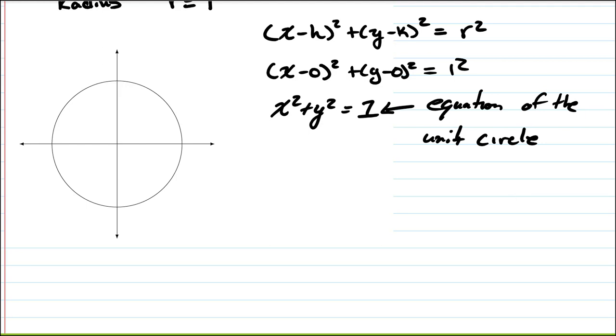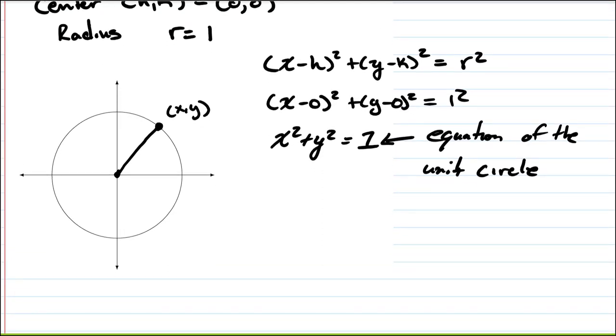So we can use the unit circle to help us define some trigonometric function values or trigonometric ratios. So now imagine we have a point x, y on the unit circle. Well, if I draw a segment from the origin to any point x, y on the unit circle, since we know that the radius of this circle is 1, that means this distance is 1.